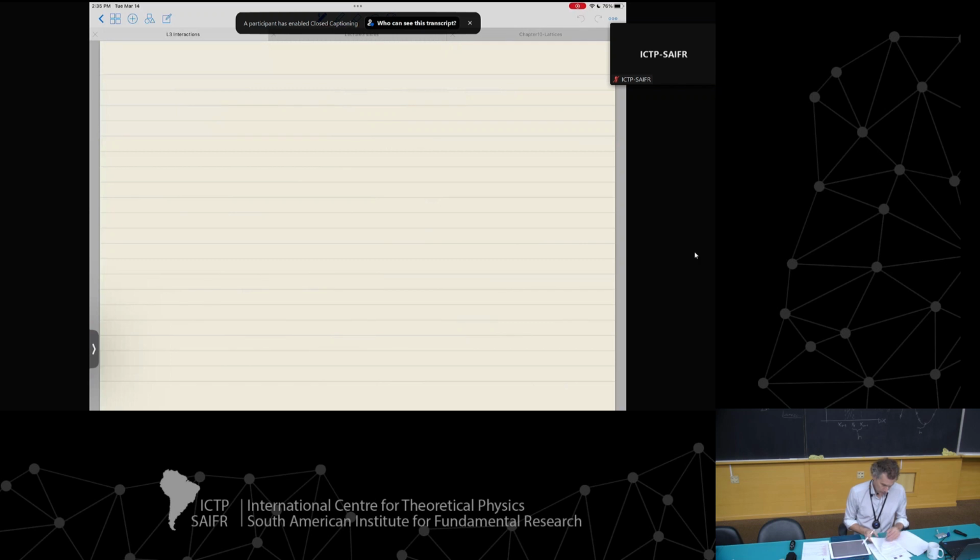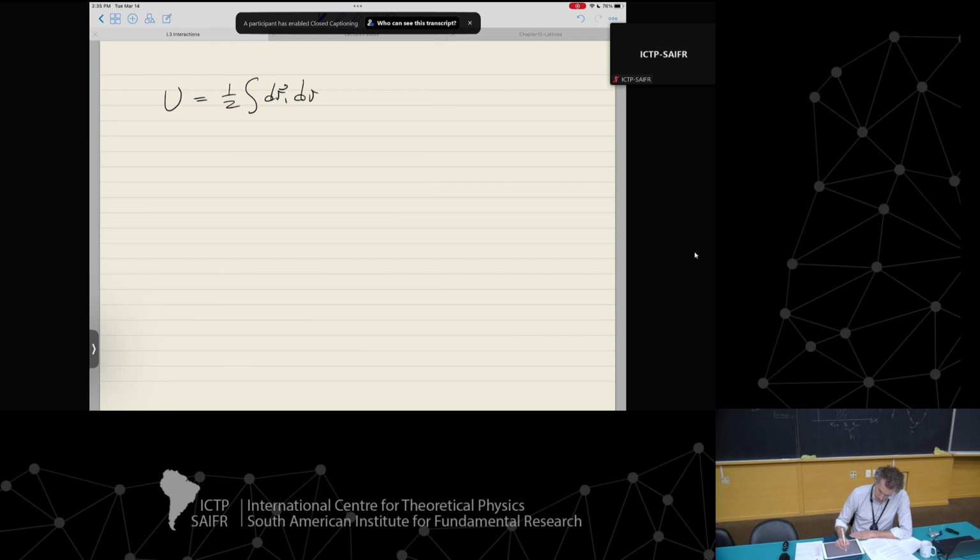Okay, so a pretty reasonable way to approximate U is to say that I have an on-site interaction strength, which is the integral over the positions of two particles times their interaction potential, which might depend on the distance between the two particles.